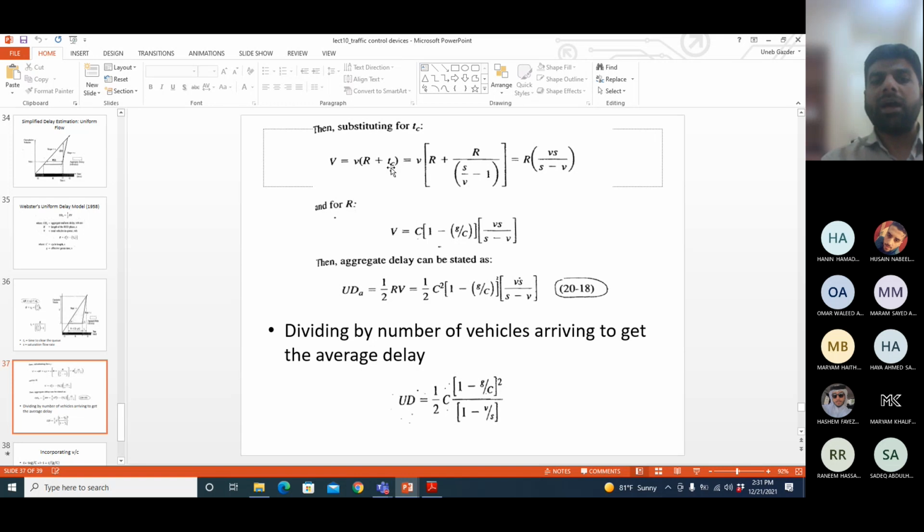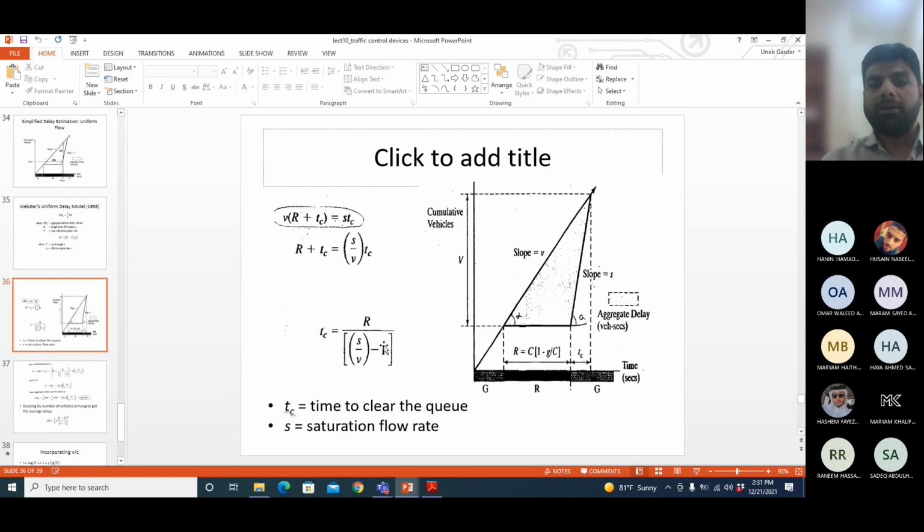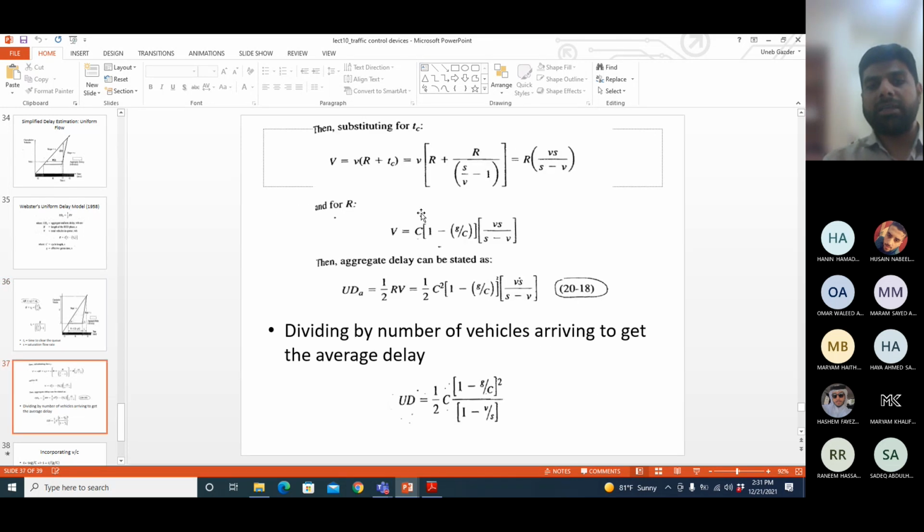I already have the equation for TC from here, so I will take this equation of TC and put it instead of TC. If you open the bracket, take v inside, multiply all the terms and take R as common, this is the equation for V, the number of vehicles in the queue.